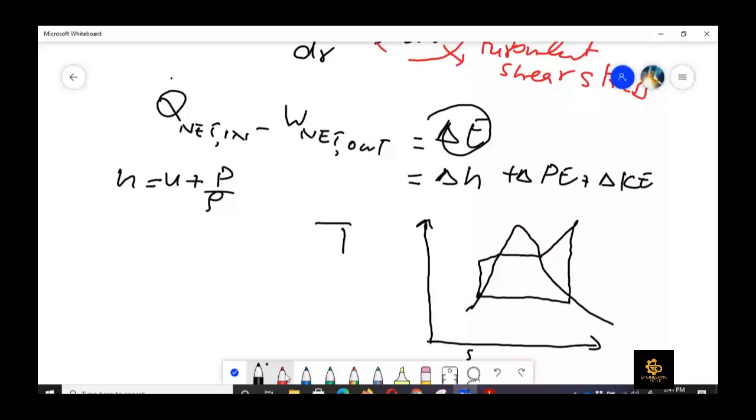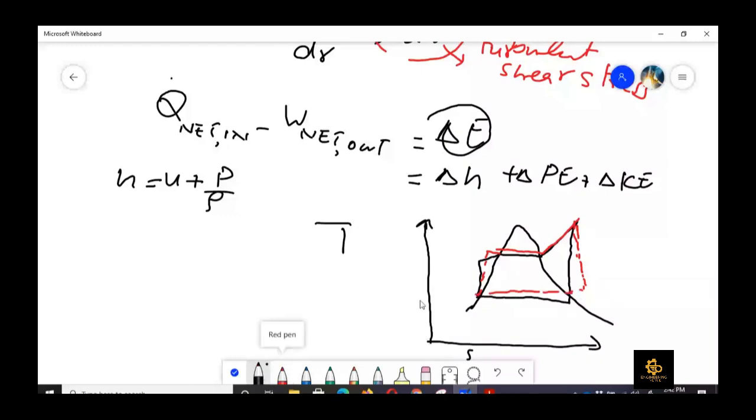But when there is friction, I can draw it here. Due to friction, there is an increase in pump work, and then from here we would have some reduction in turbine work. So the pump work, let me write it.